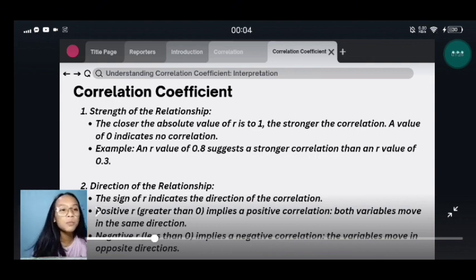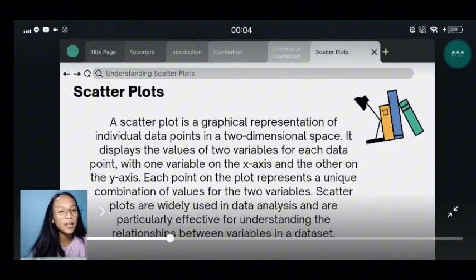So now let's move on to scatter plots. So what is a scatter plot? It is a graphical representation of individual data points in a two-dimensional space. Which I mean graphical, it means illustration or picture.